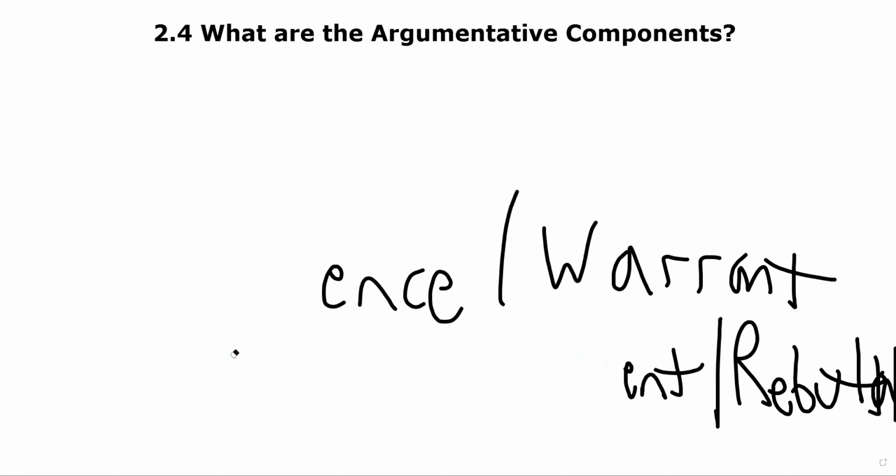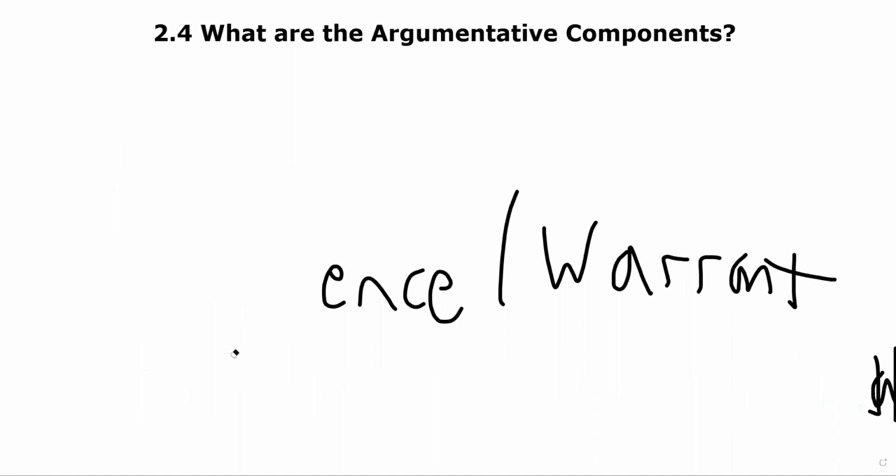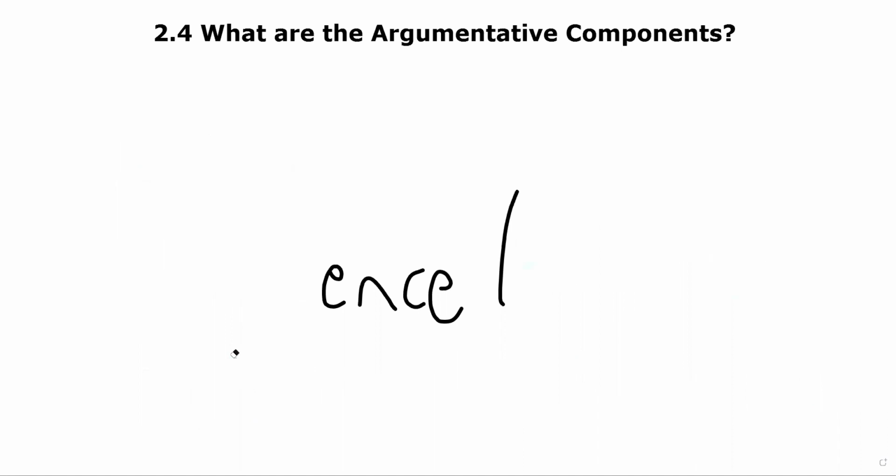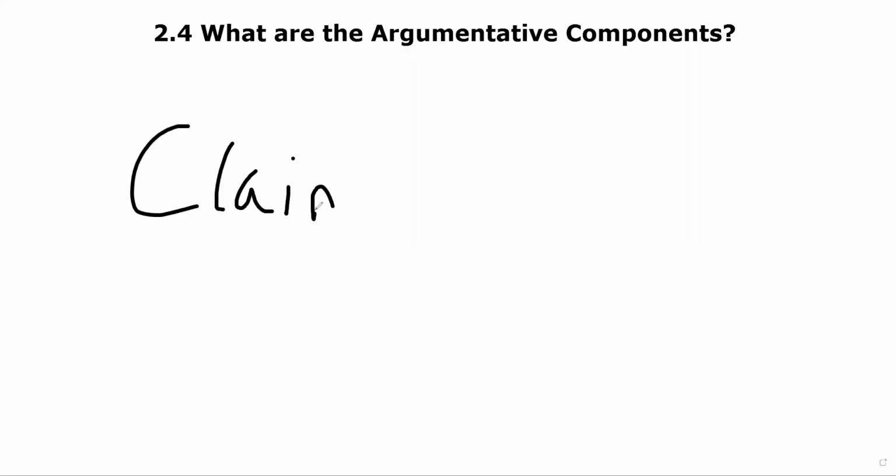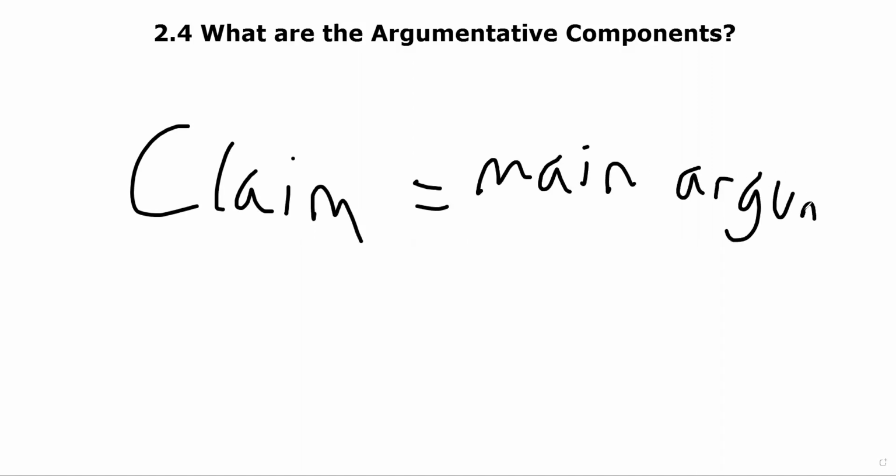So let's now proceed to define what these components are and why they are critical to the success of an argumentative essay. So the claim of an argumentative essay is very simple to understand. This is basically the main argument. This is the idea or belief or stance or behavior or whatever the case is that the writer is arguing for.